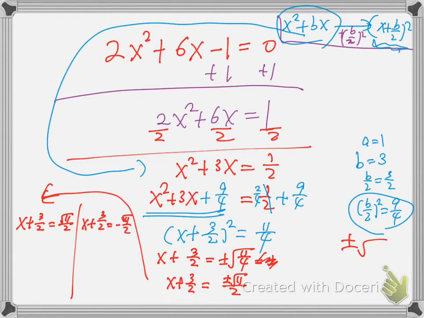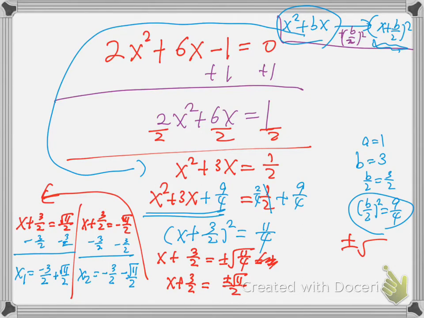So now minus 3 over 2. We got x1 is negative 3 over 2 plus radical 11 over 2. We got the second solution, x2 is negative 3 over 2 minus square root of 11 over 2.